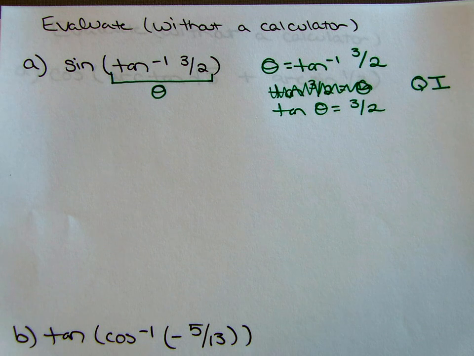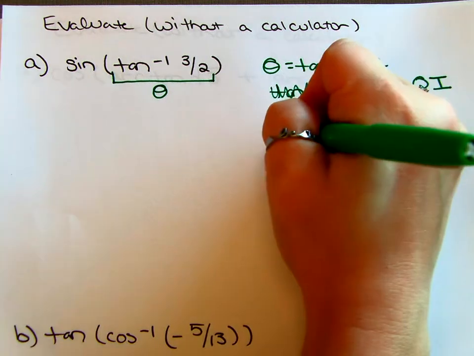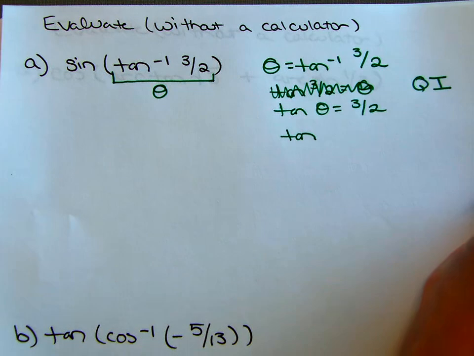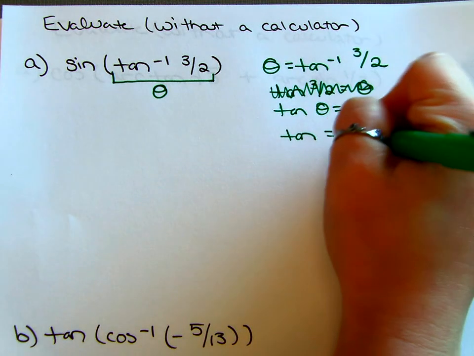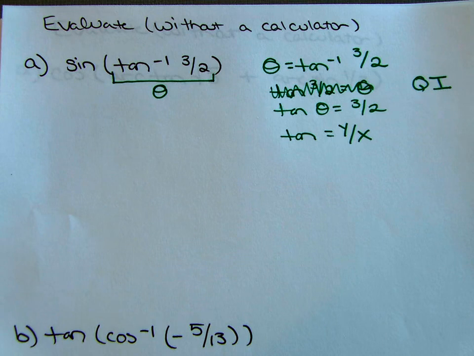Now, in terms of all the way back, chapter 1, tangent is what over what in terms of x, y, and r? I mean, that's a long way back, I know. It is y over x. So here's why we need to figure this out. Because we're going to have to take the sine of whatever this tangent of theta is, that's 3/2.